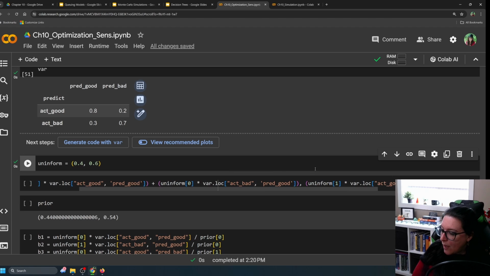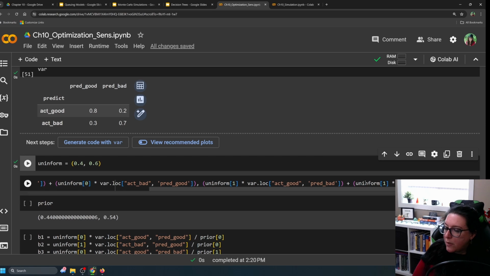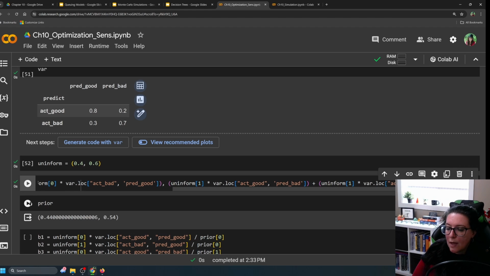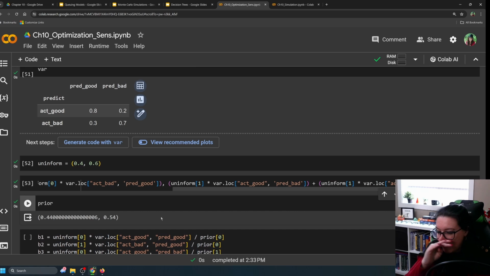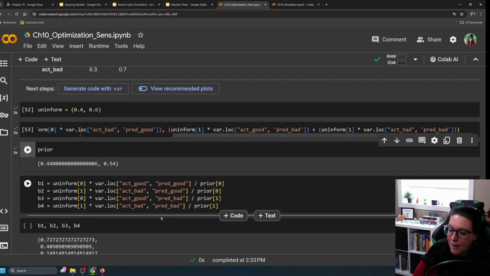And then the other formula, the uninformed section, the second one, so 0 and 1 locations, now we're in the second location, times act good, predict bad, plus our probability here, times the act bad, predict bad. So when you do that, it'll calculate those priors for you, 0.44 and 0.54, which we have just created.